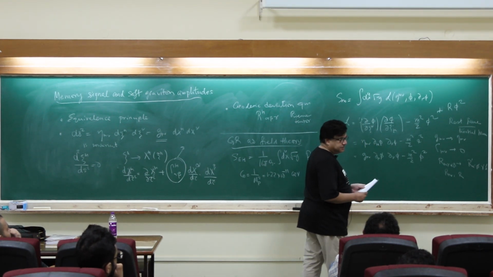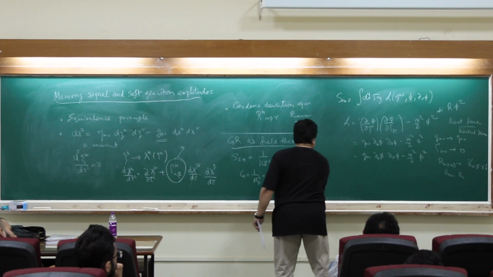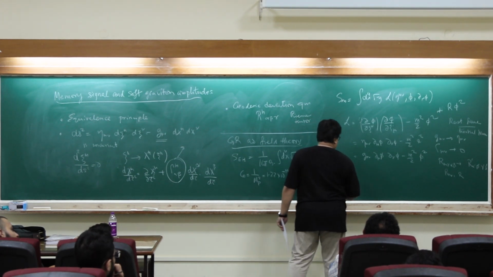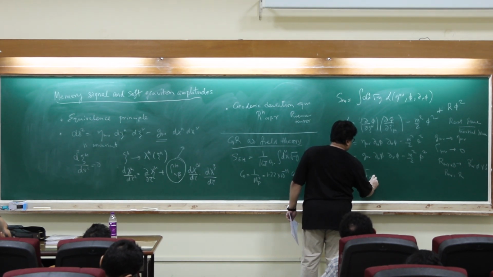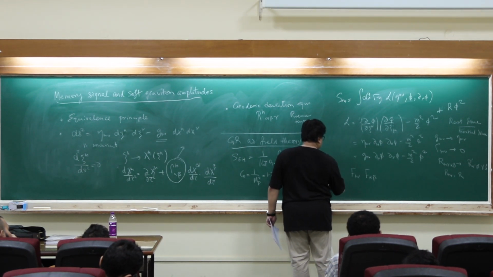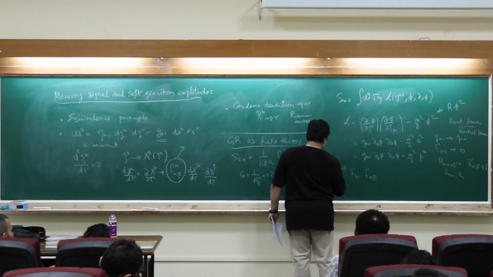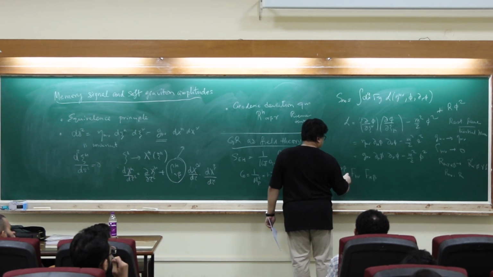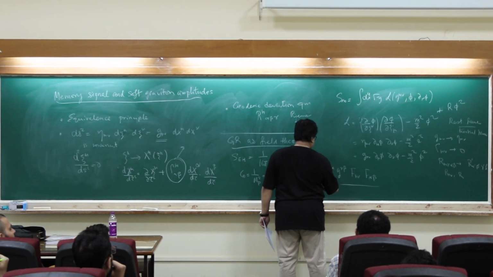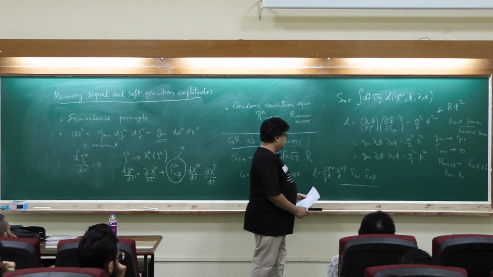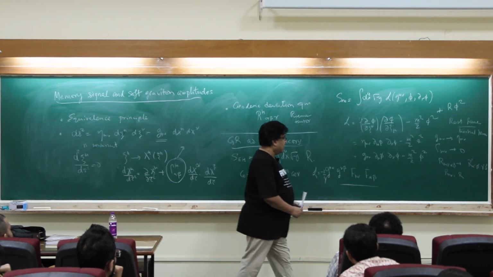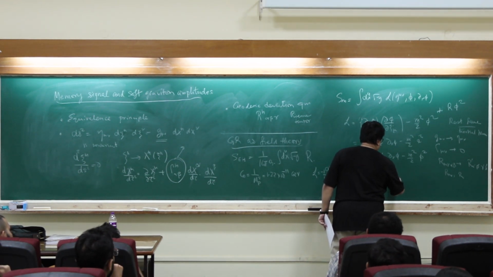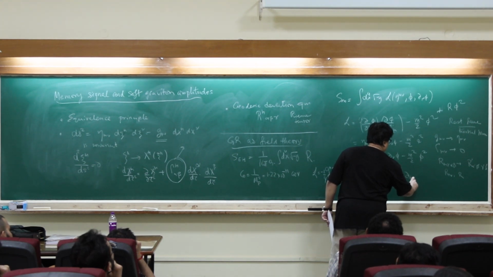So for instance, your f mu nu, this will be the Lagrangian for your electromagnetic field, where this is contracted with G's and f mu nu itself is basically d mu a nu.